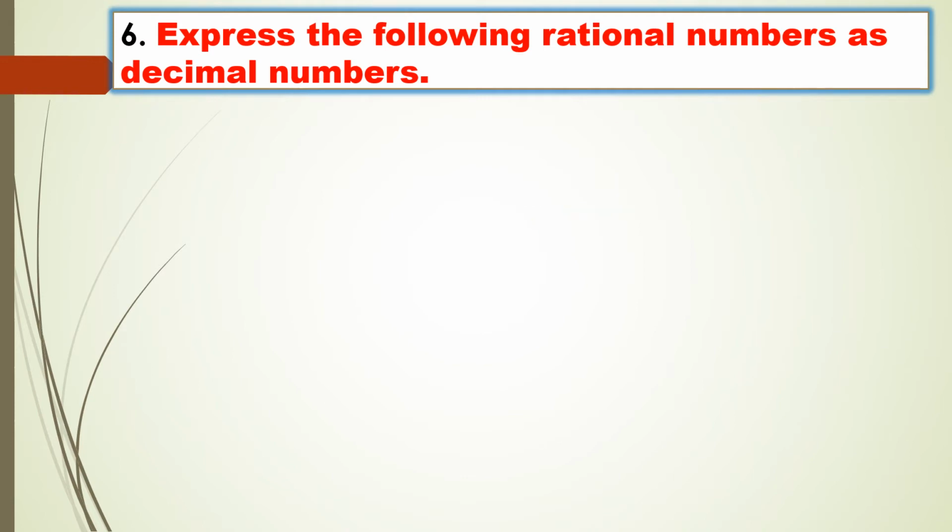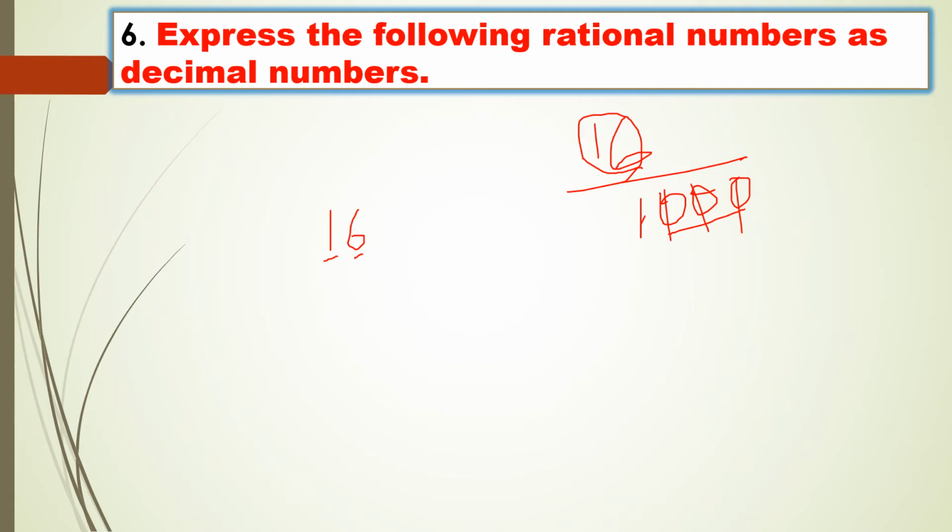Simple. See here, suppose I gave 16 by 1000. I am taking 16 by 1000 as the example. Children, don't get confused. First write the numerator as it is. I am writing 16 as it is. Next, count how many zeros are there in the denominator: 1, 2, 3. There are 3 zeros here, but we have only 2 digits.